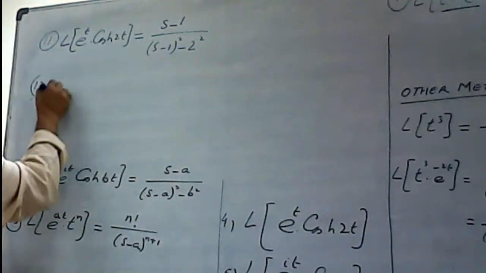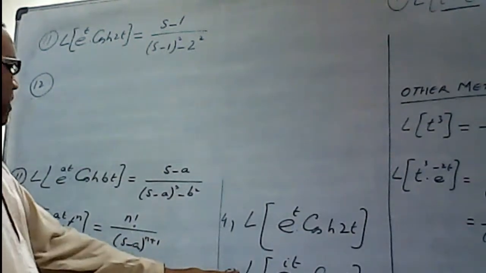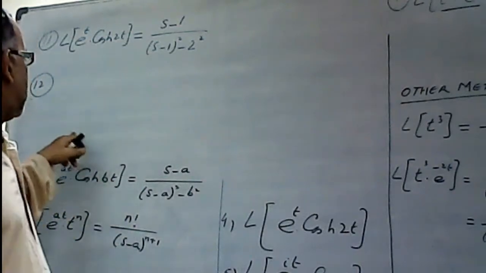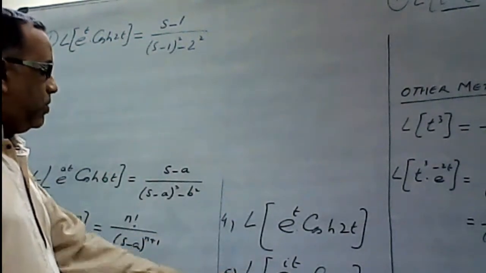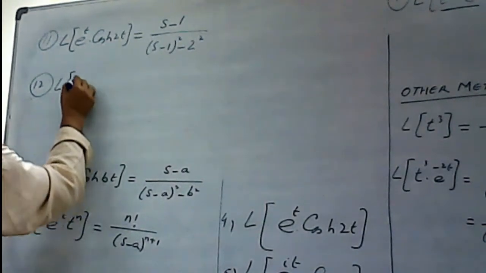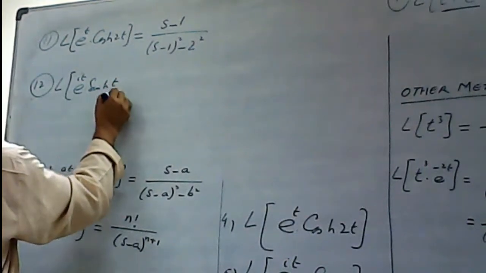And likewise, example number 12 is according to formula number 10. That is Laplace of e power iota t into sine hyperbolic t by 2.